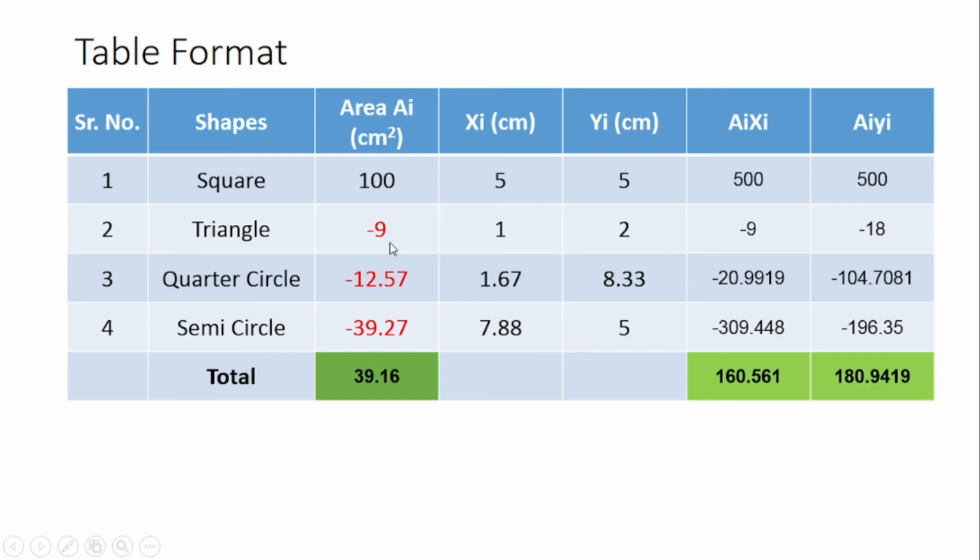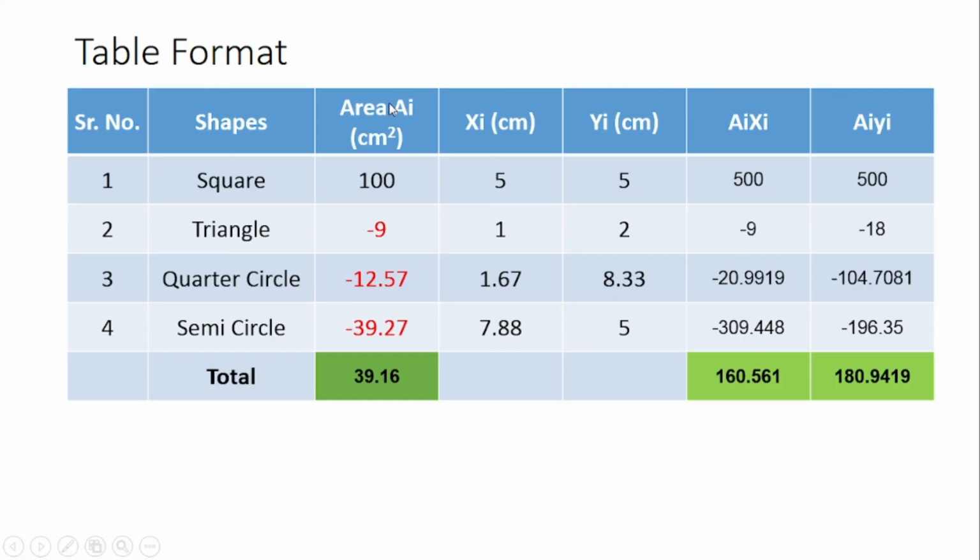The red sign indicates the negative values, the areas that are going to be subtracted from the main areas. After multiplication, 100 multiplied by 5, we get 500, 100 multiplied by 5, we get 500. Then minus 9 into 1, and here minus 9 into 2, minus 18. So in this way we have calculated up to this fourth row.